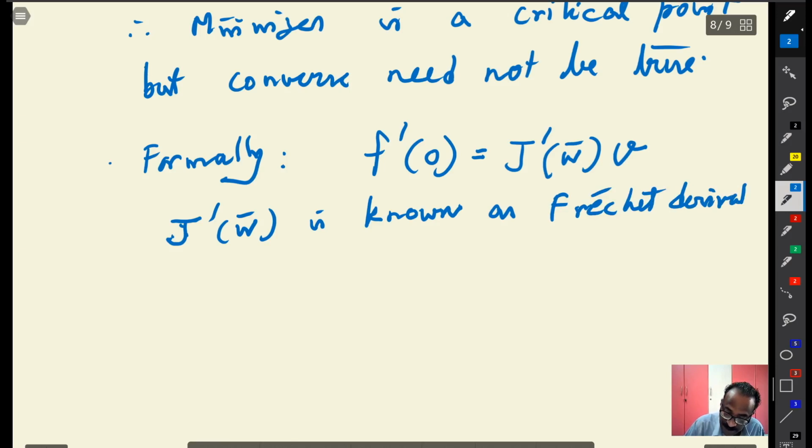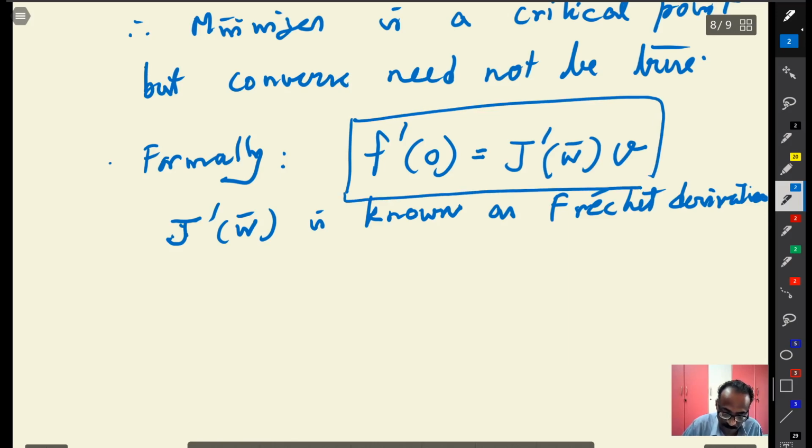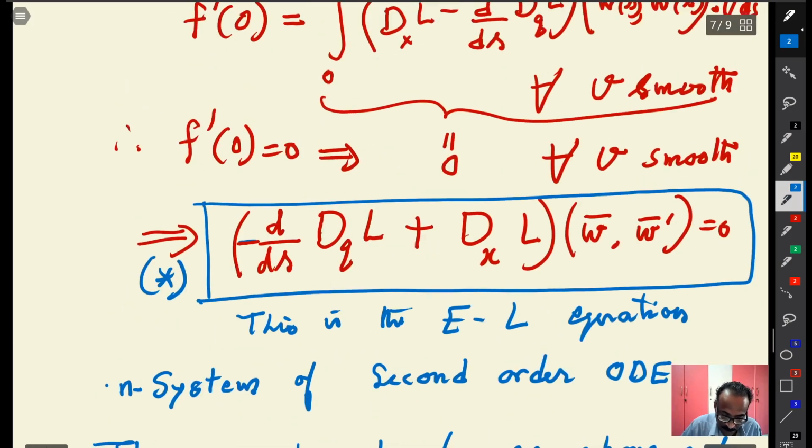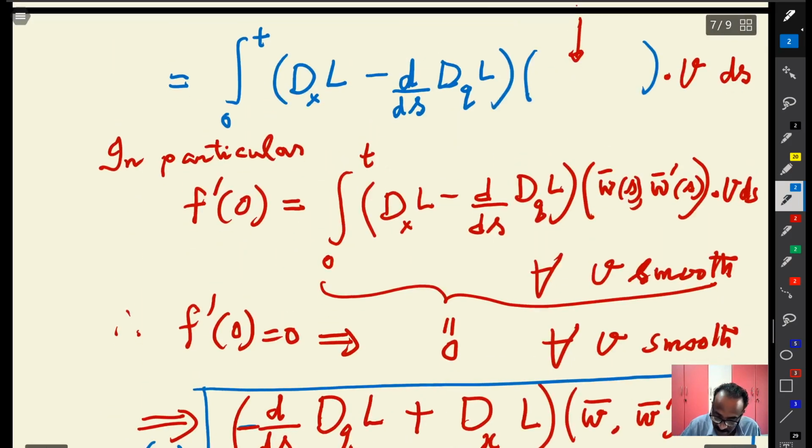This is in infinite dimension, so you are looking at it by fixing v. Note f depends on v.